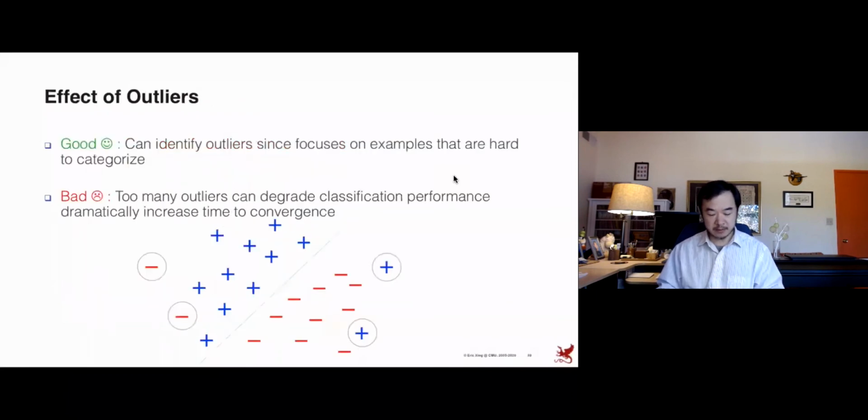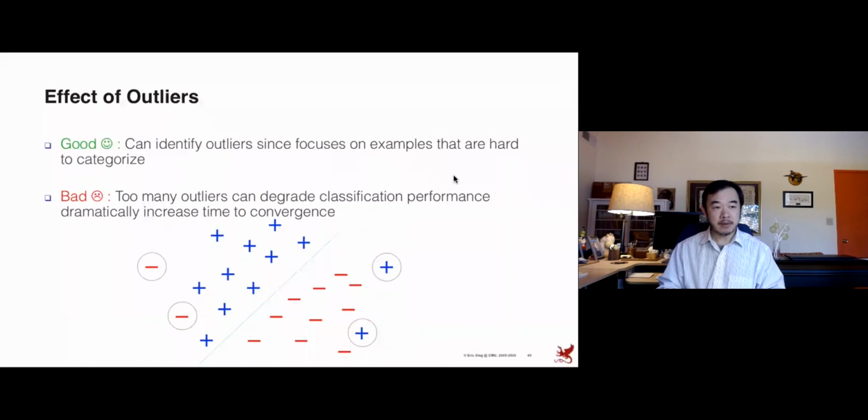This soft decision boundary also allows you to capture the effects of outliers. Outliers can play a role in impacting the orientation of decision surfaces. They allow you to focus your attention on themselves, the so-called hard examples.